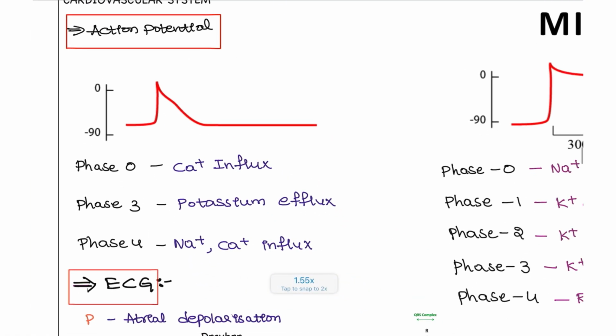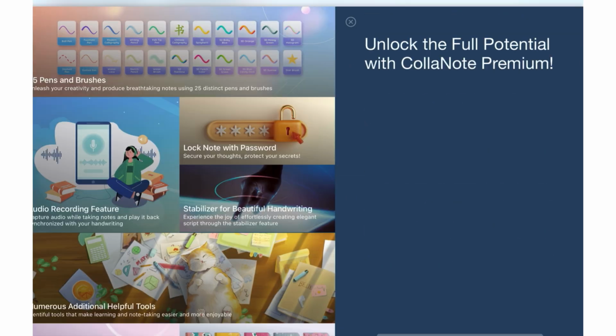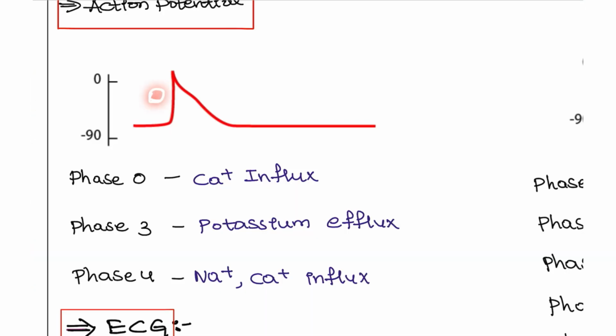Coming to the action potential, this is the atria. So here you can see in the atria, these are the phases that you have to remember, guys. This is the zero phase, and here you can see this is the third and this is the fourth. Okay, so I will write here for you guys.